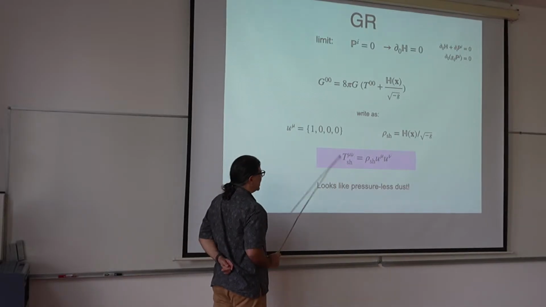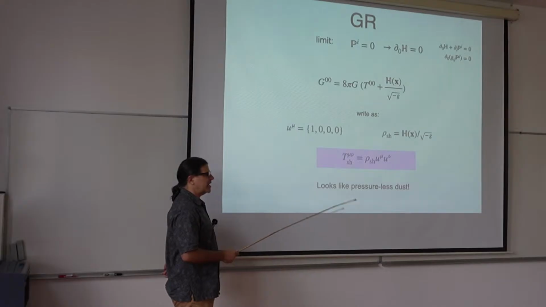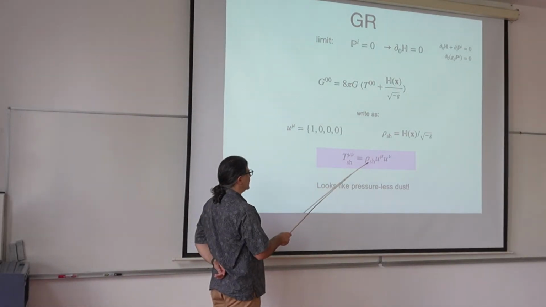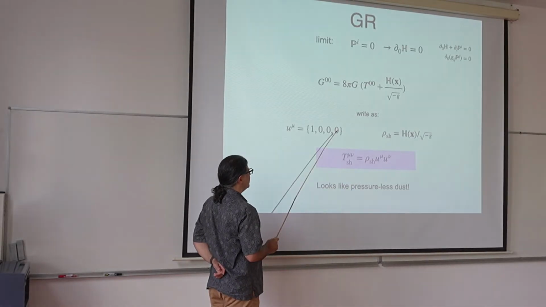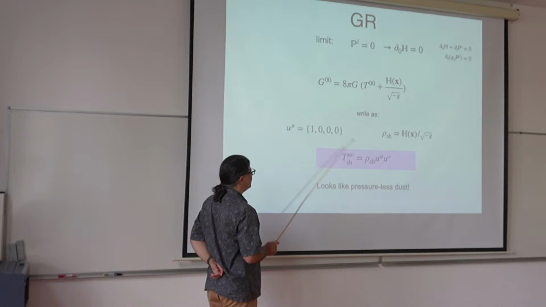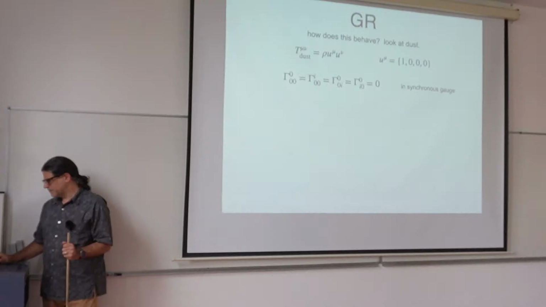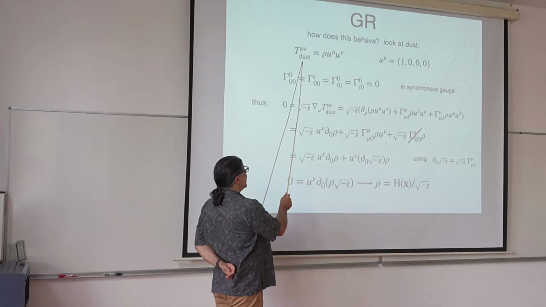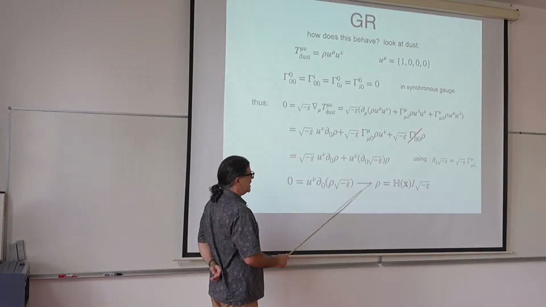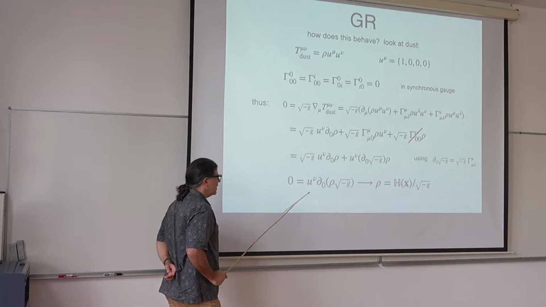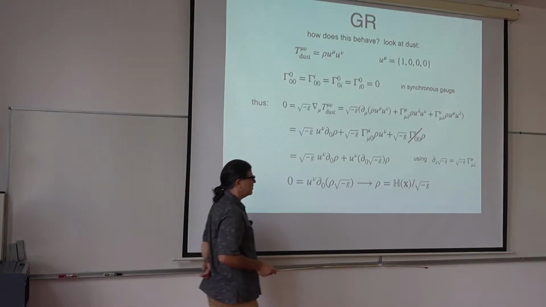And what I discovered, this object, if it's covariantly conserved, it just looks like a pressureless dust. This source term just looks like that there's some function of matter and there's some 4 vector which we might interpret as the 4 velocity of this fluid. Too technical, but for regular dark matter, you can prove in synchronous gauge that the most general form of a dust is, in fact, some function of space divided by the square root of minus, where you absorb the remaining spatial degrees of freedom.